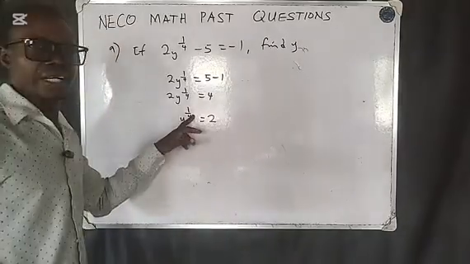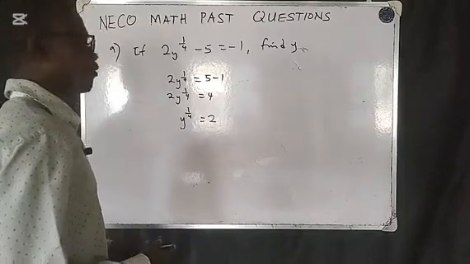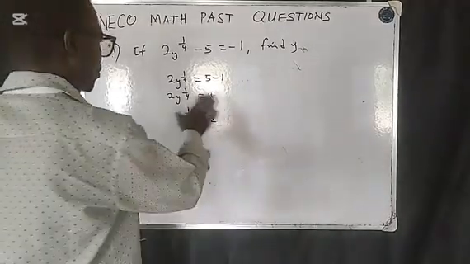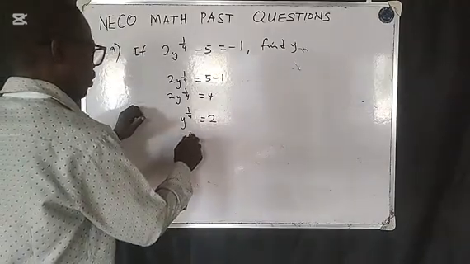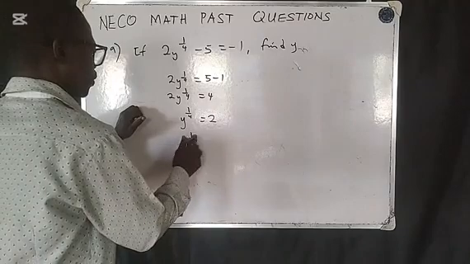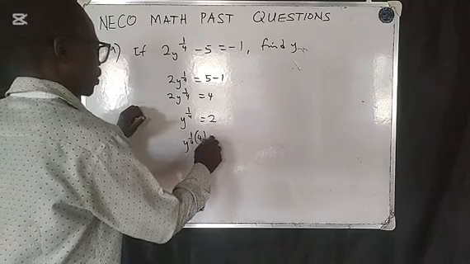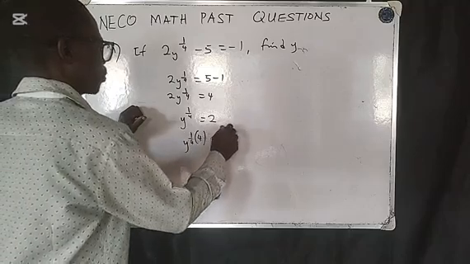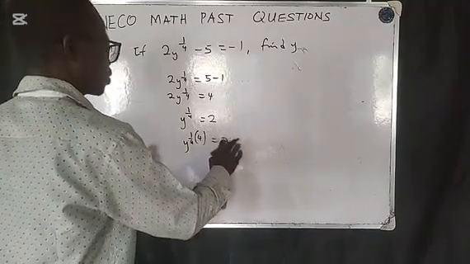To remove this 1 over 4, we need to multiply the powers by 4. Let's multiply both powers by 4. So we have y here, 1 over 4 multiplied by 4. Then we have 2 raised to the power of 4. There's a 1 here that we cannot see before.